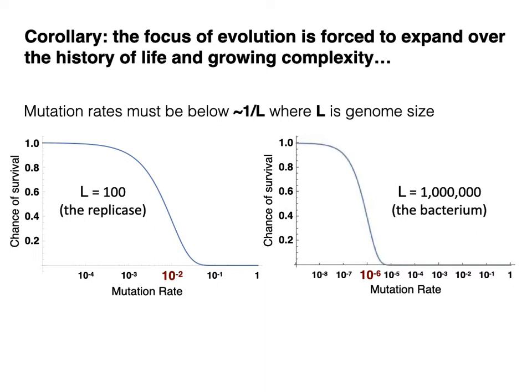Here's a plot of the simple analysis I did before on the mutation rates tolerated if we were to replicate either 100 essential bases for the replicase or 1 million essential bases for the bacterium. You'll notice that above a mutation rate of 1 over the essential genome size, you have a low chance of survival. So mutation rates need to stay below this roughly 1 over L threshold, where L is the genome size.